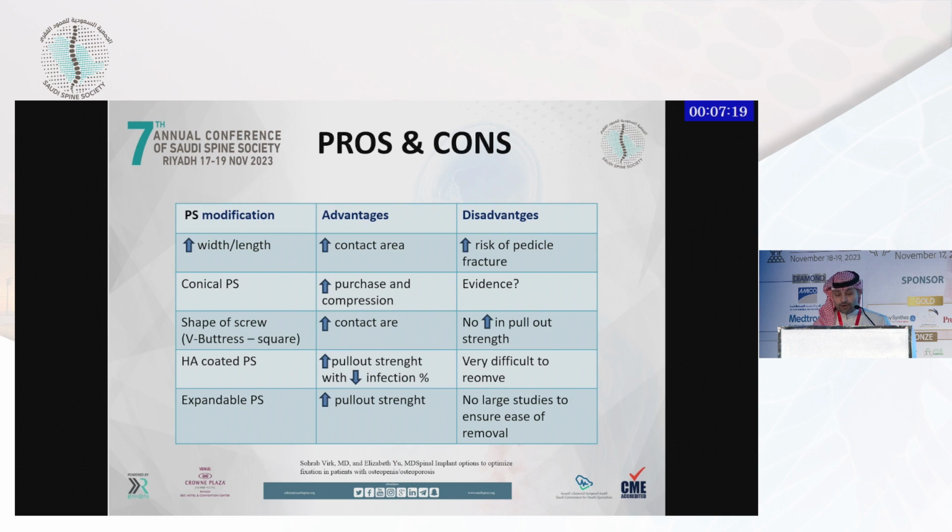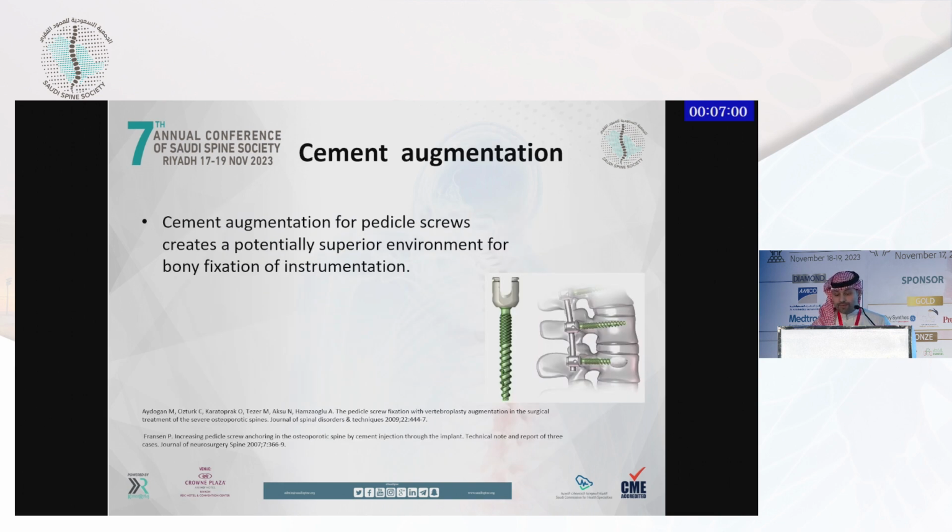What are the pros and cons of all these techniques that I just went through? I'm not going to go through the whole table, but with hydroxyapatite screws, one of the disadvantages is the difficulty in removal because of the bone ingrowth around that screw. So what about cement augmentation? I think this is the most commonly used strategy by most surgeons.